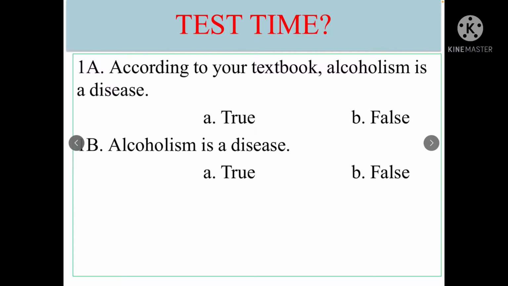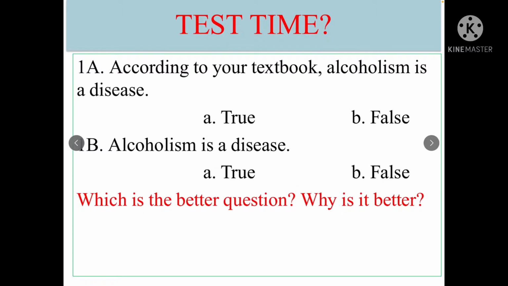True or false? 1B: Alcoholism is a disease. True or false? Which is the better question here and why is it better? I am giving you 20 seconds, and after 20 seconds I will show you the answers.